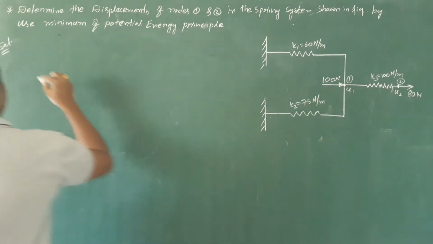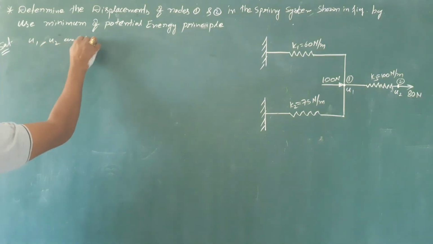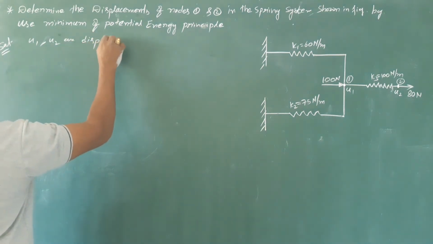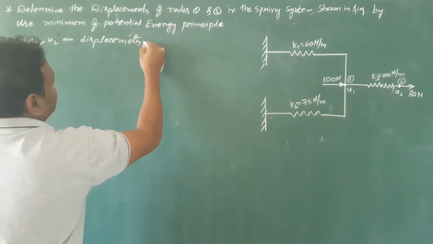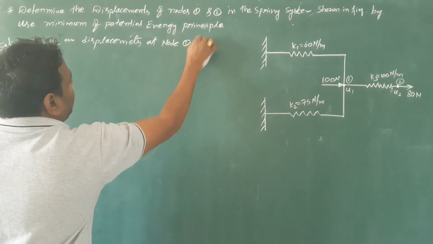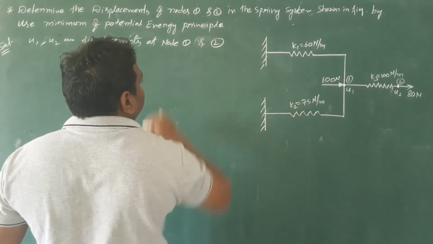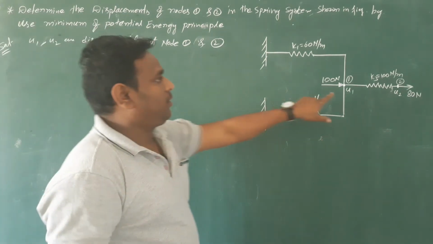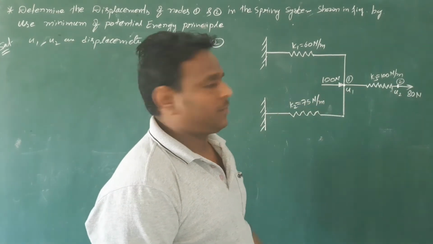Let U1 and U2 be the displacements at node 1 and node 2.